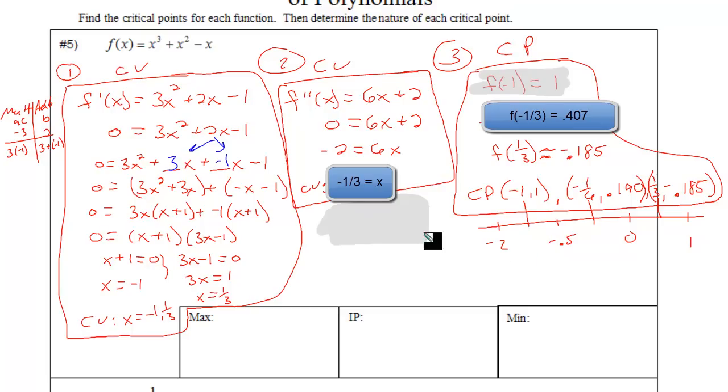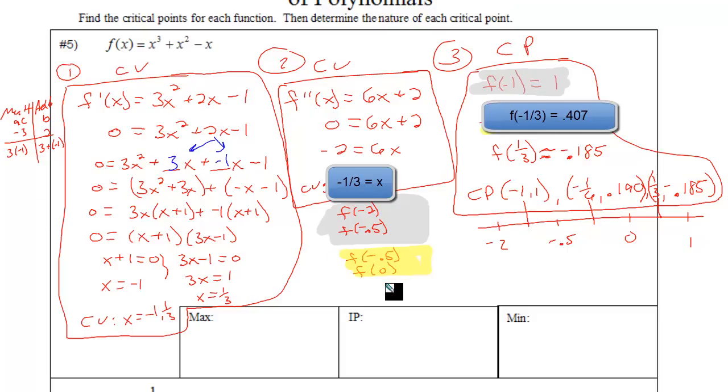So we have to figure out what f of -2 is, f of -0.5, f of 0. These numbers are compared to this.